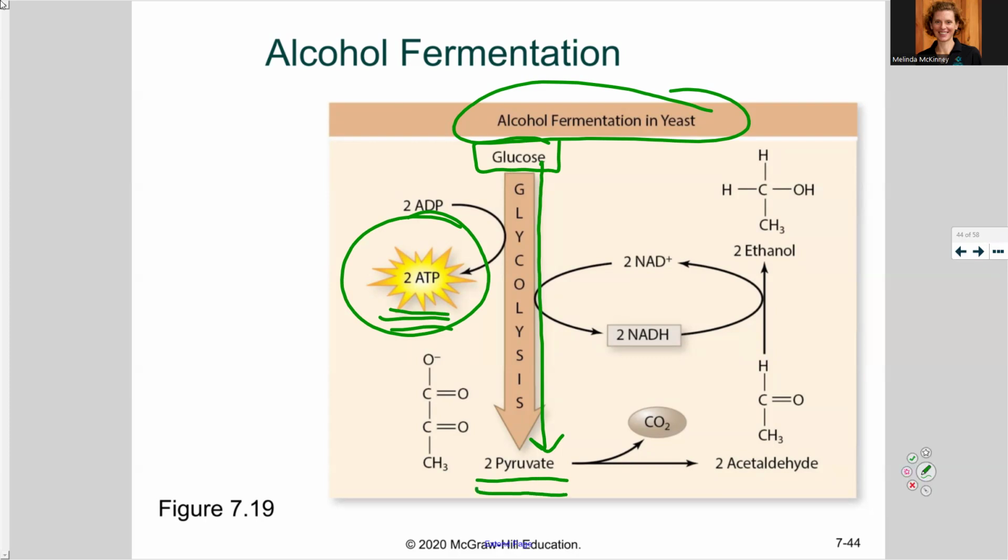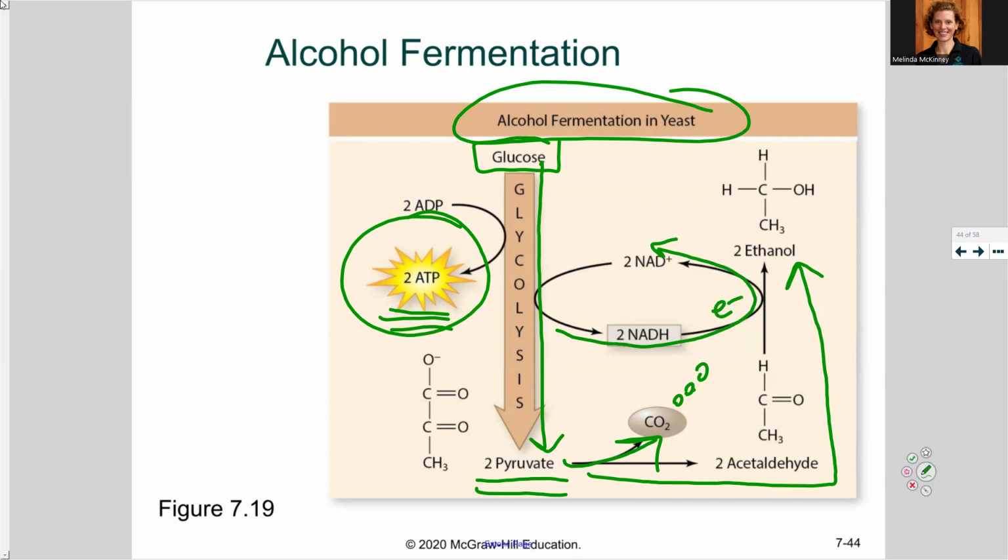And then it creates pyruvate, which it's done with. It doesn't have the ability to get any more energy out of it. So it takes some of the carbon in it, releases it as carbon dioxide. The remaining carbon will be converted into alcohol, again, with the addition of extra electrons, creating that alcohol byproduct.